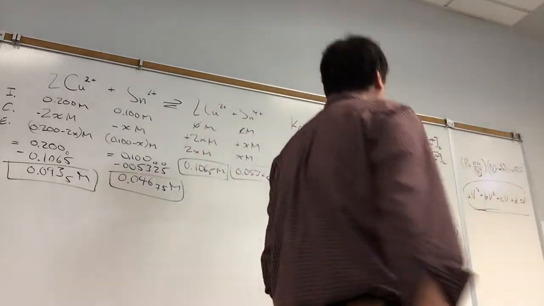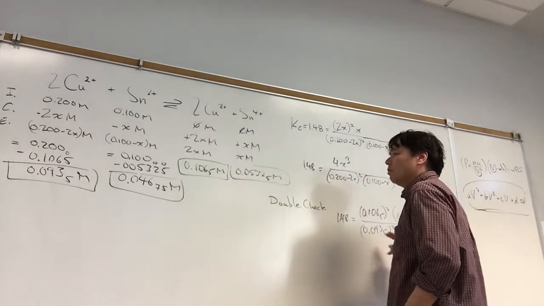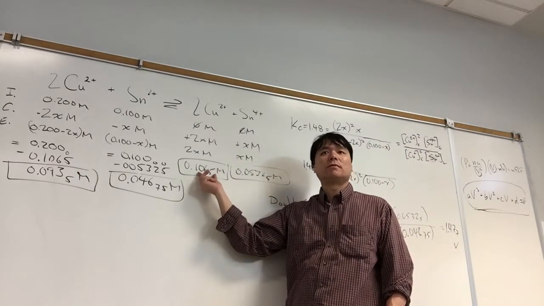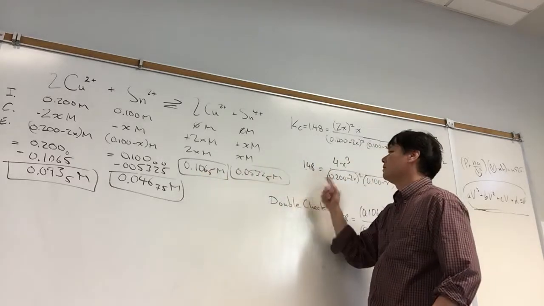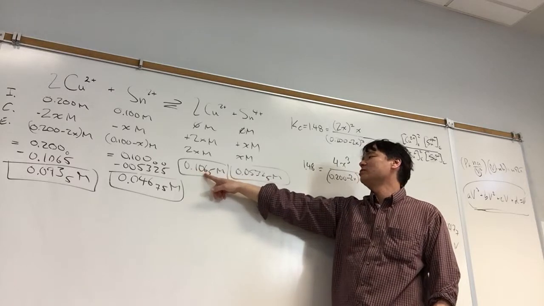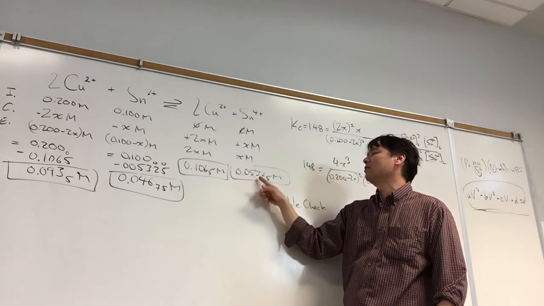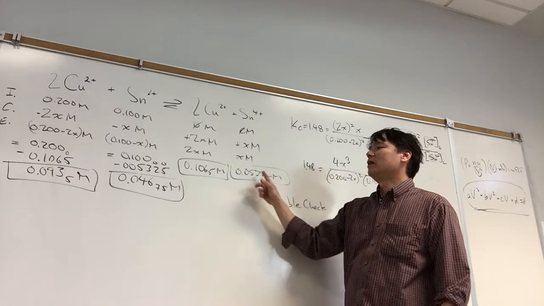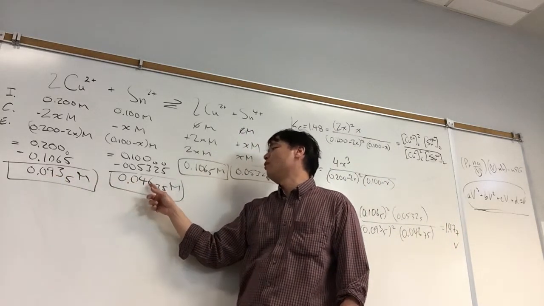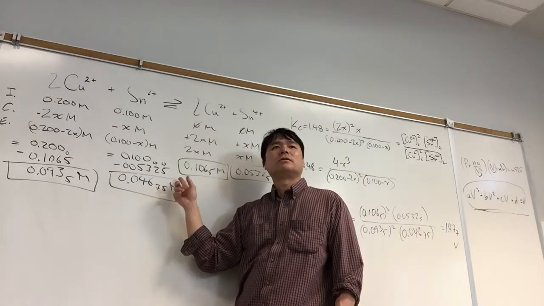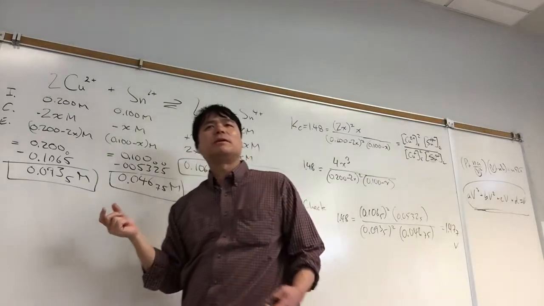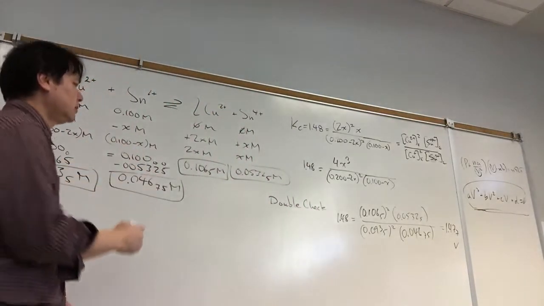And so I want you to repeat this calculation here, but let's round these concentrations. Rather than using 0.1065, let's round this to 0.107. So do 0.107 squared divided by 0.0533 divided by 0.094 squared divided by 0.047, and we repeat the K calculation, but this time with the rounded concentrations.